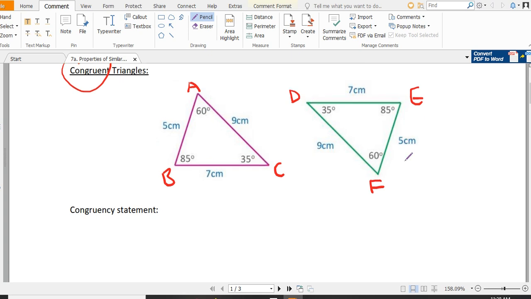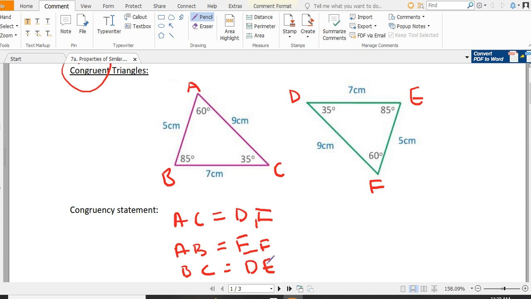In order for two triangles to be congruent, everything needs to be the same, which means AC is exactly the same as DF. AB is exactly the same as EF. And BC is exactly the same as DE.